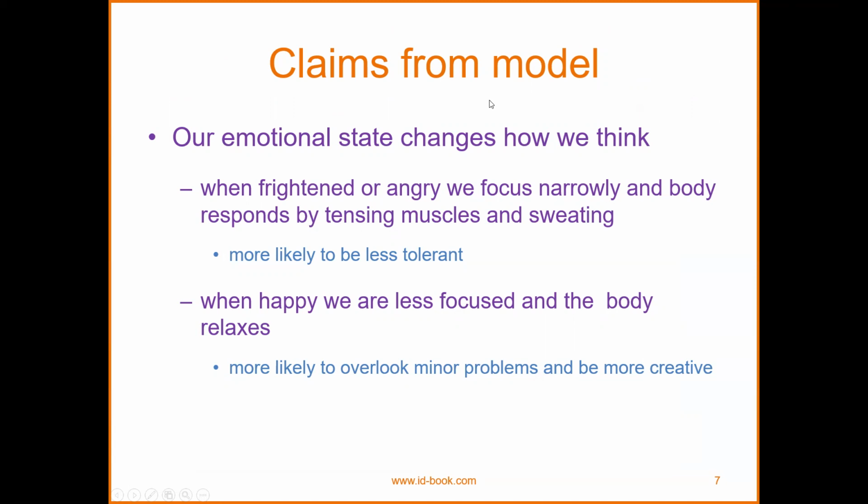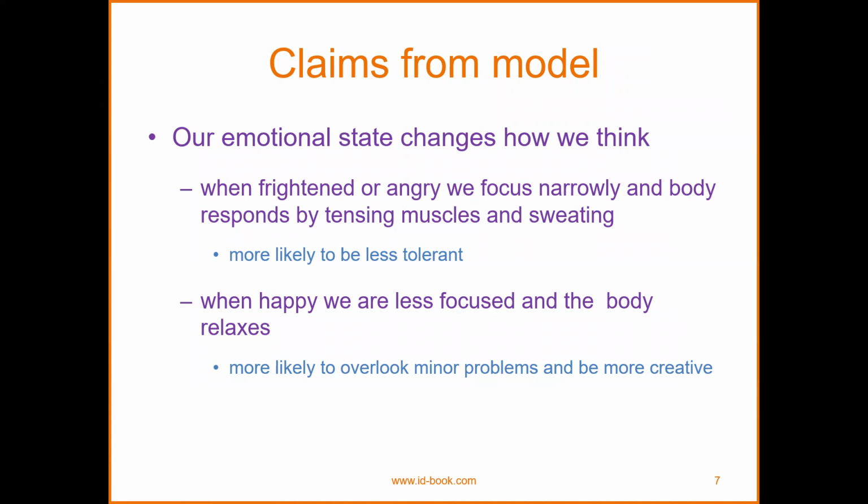The model claims our emotional state changes how we think. When frightened or angry, we focus narrowly. The body responds by tensing muscles and sweating. So this is normal for a person once there is an emotional state change: nervousness, anxiety, you're very anxious, and so on. When happy, we are less focused and the body relaxes.